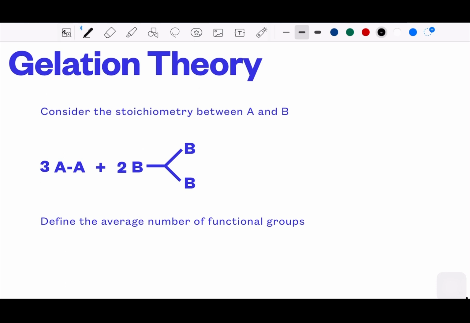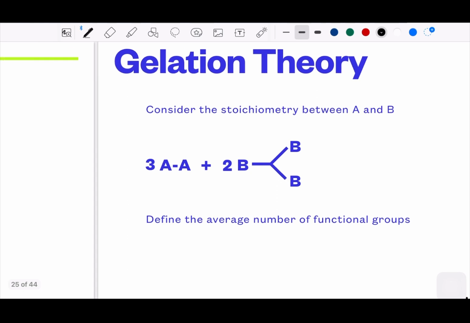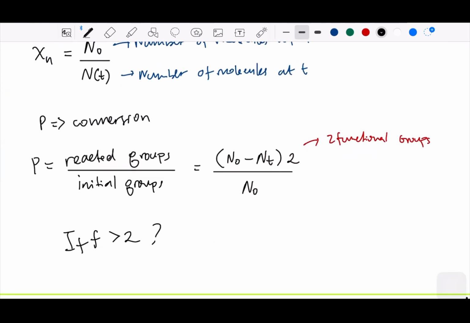Now, if we take this, we need to define the average number for the functional groups. What can we do? If we take back what we have, the reacted groups is this part, right?